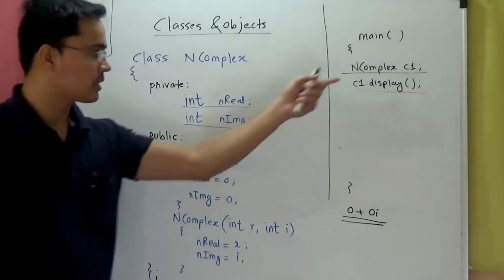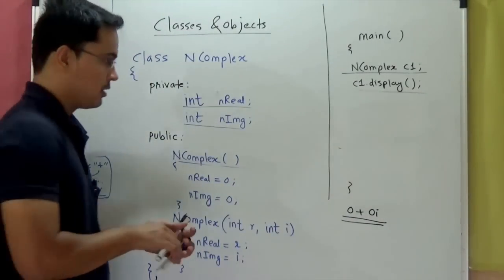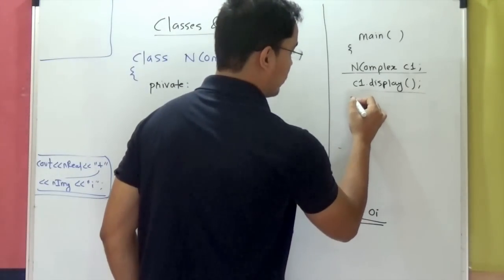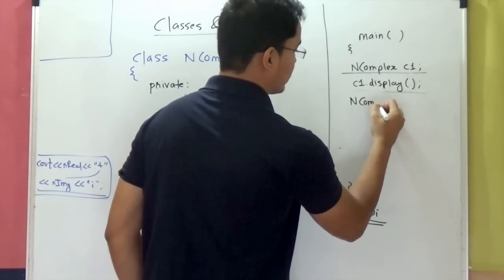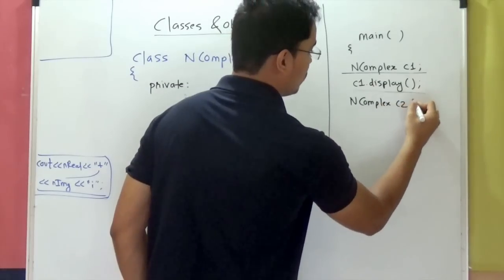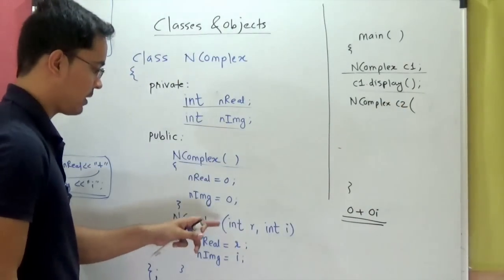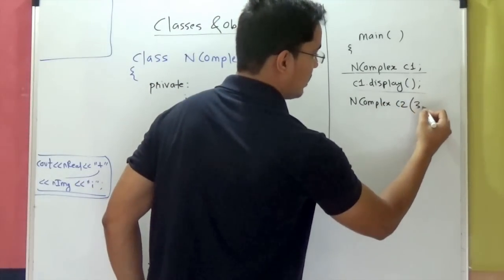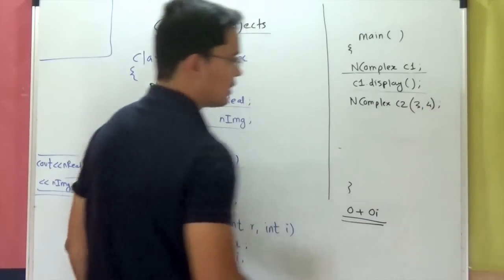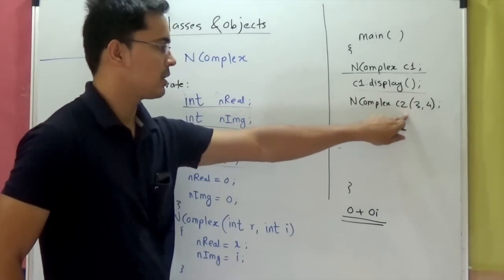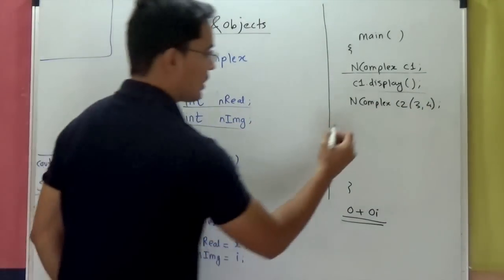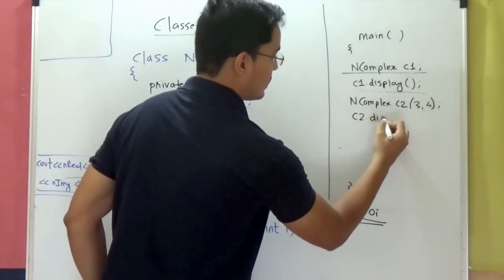So I'll use these parameters to initialize my data members, right? How do you use this constructor while creating the object? You'll create another object, nComplex C2, and now you'll use the parameterized constructor. You say 3, 4. So this is how you use a parameterized constructor to create the object. And then you can say C2.display.